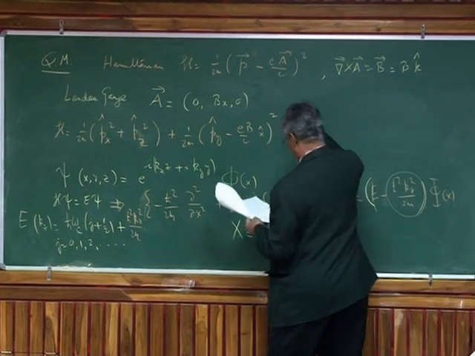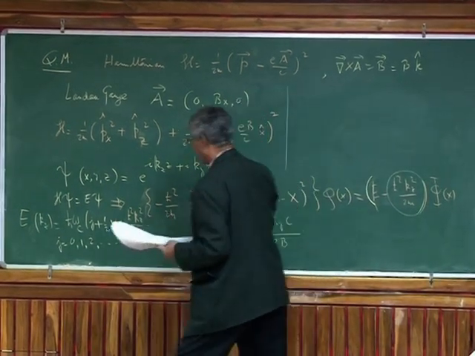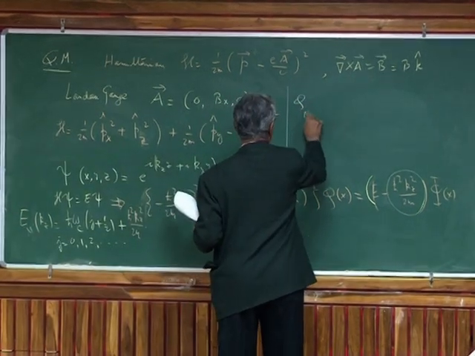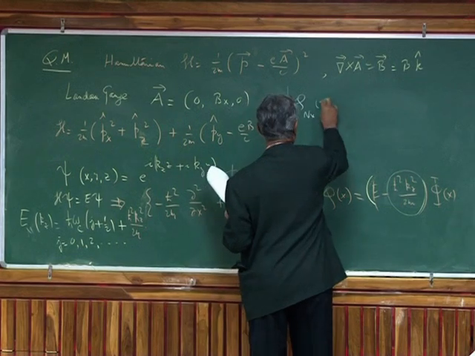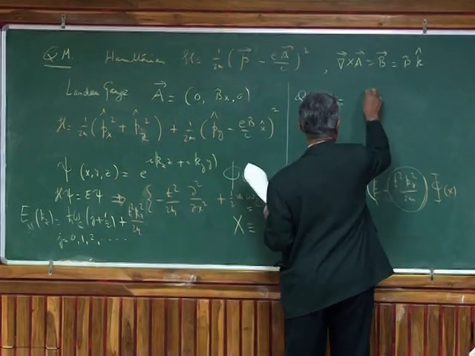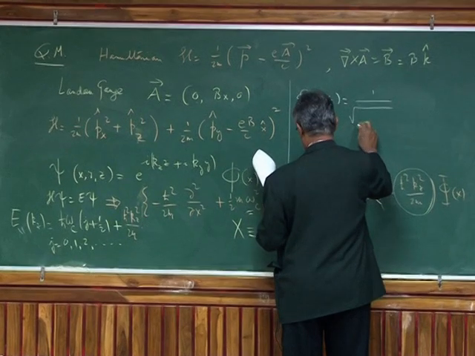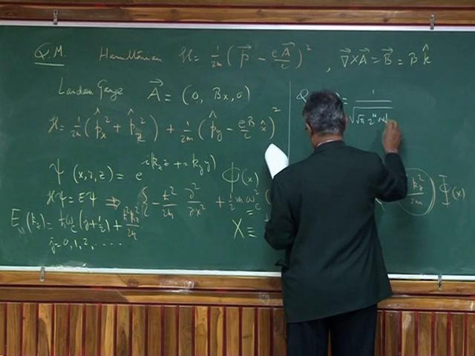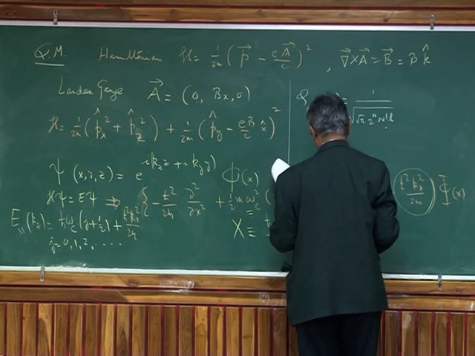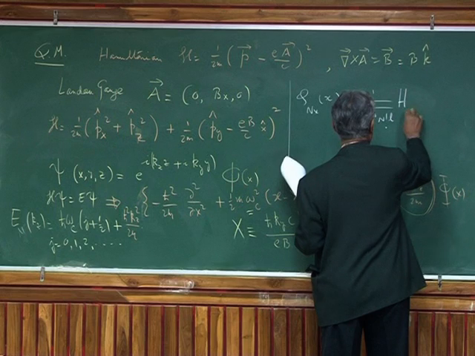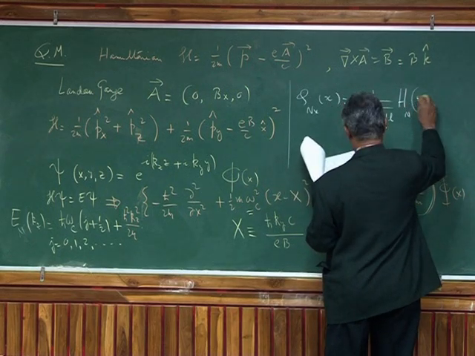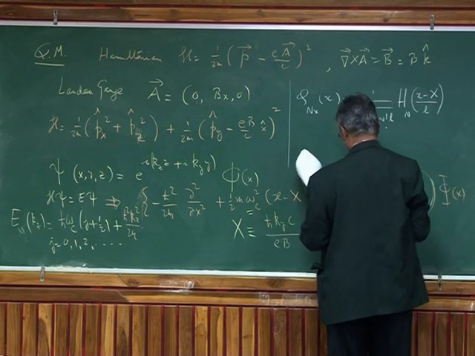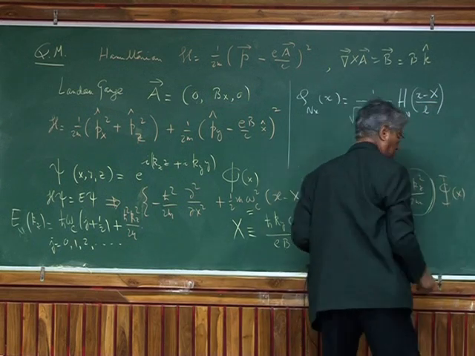So phi turns out to be, that's why I had an n here, because it's called the nth band. So phi n of x is a normalization factor, 1 over the square root of 2 to the n factorial L, where L is the magnetic length, times the Hermite polynomial of order n, which is a displaced Hermite polynomial over L. I'll define L momentarily. L is what is called the magnetic length.